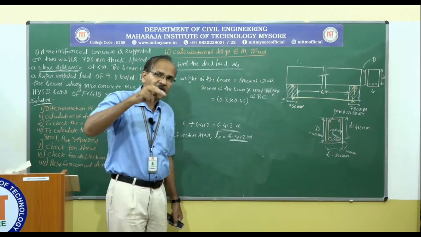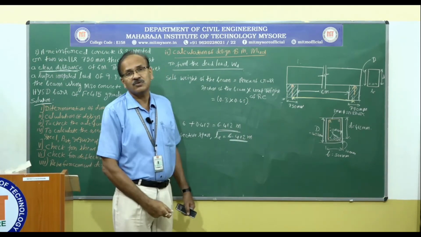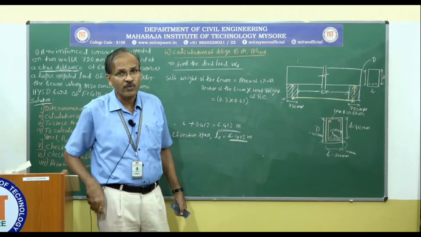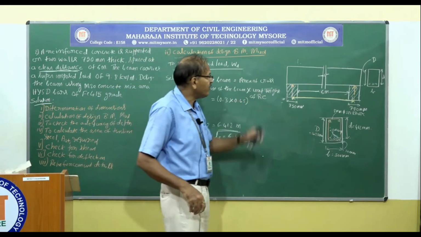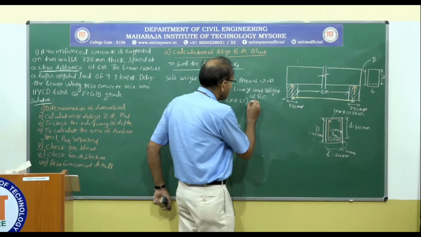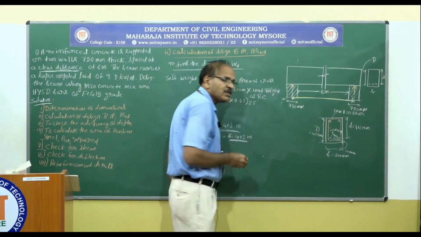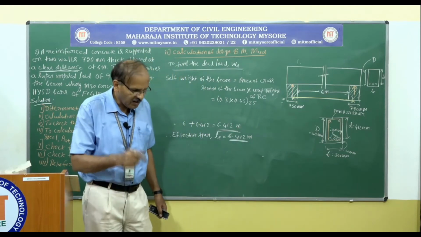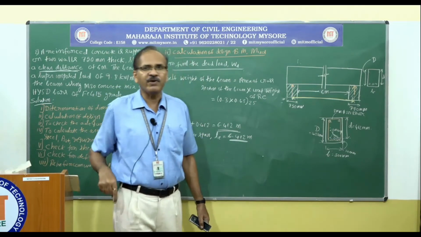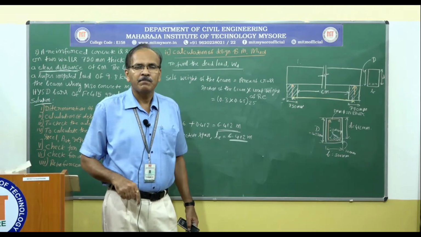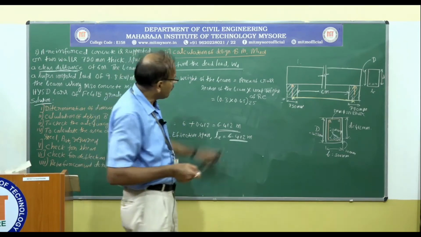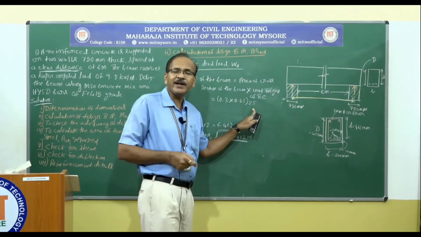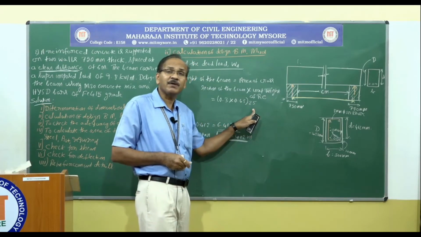So I am converting everything into meter, so that I am going to get the area of cross section in terms of meter square. So what is the unit weight of RC? That is 25 kilonewton per meter cube. If you refer IS 875 part 1, so you are going to get the unit weight of reinforced concrete equal to 25 kilonewton per meter cube.